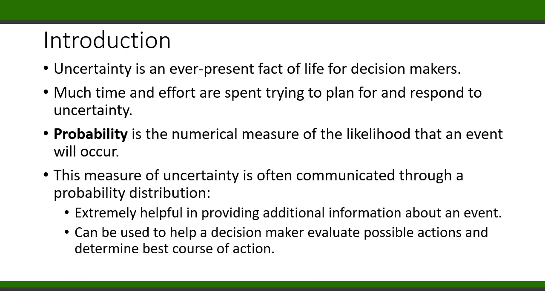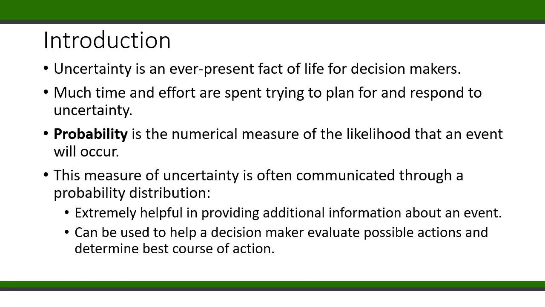So if you look at this definition here, we have probability as the numerical measure of the likelihood that an event will occur. And we can use this measure of probability and communicate that through a probability distribution.